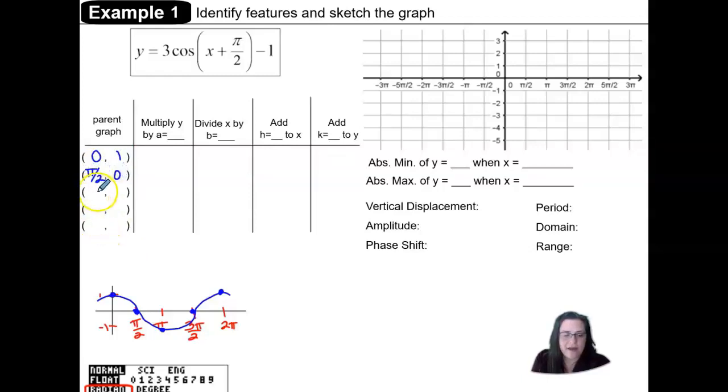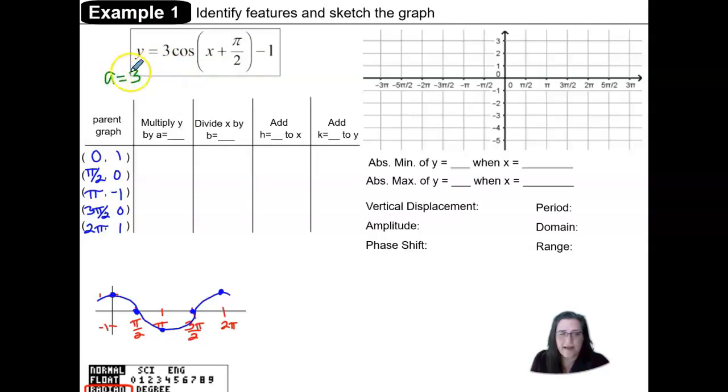Then we have that absolute minimum at (pi, -1). 3 pi over 2 is a 0. And then 2 pi is an absolute max of 1. Okay, then looking up at our equation, the a here is 3.